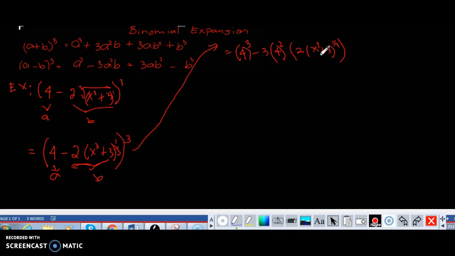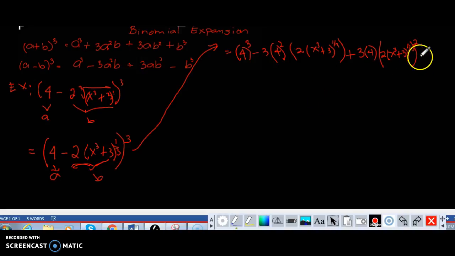So that's minus, and now we do plus 3, and then next is a, which is 4, times all of these squared. I may not have enough space. 2 times x cubed plus 3 to the 1/3, that's your b, to the power of 2.